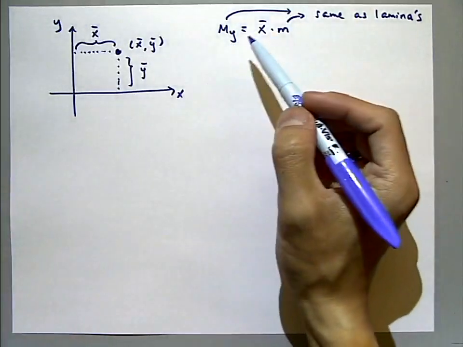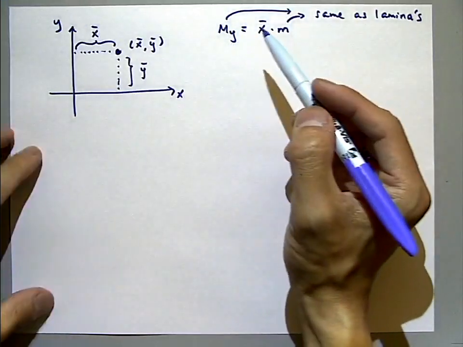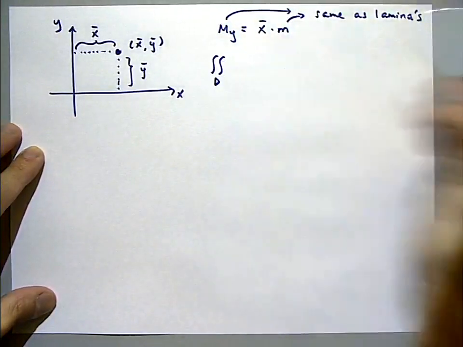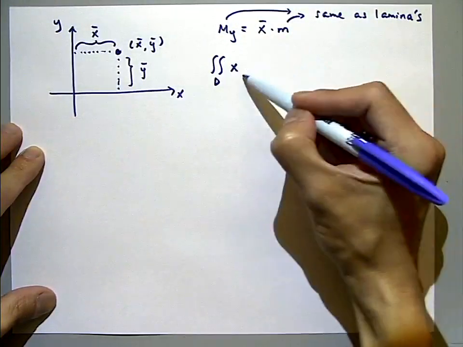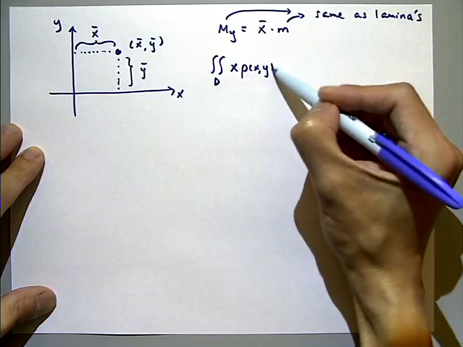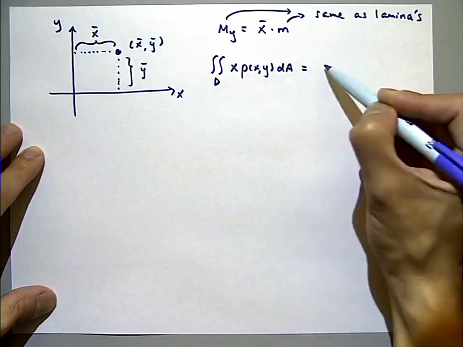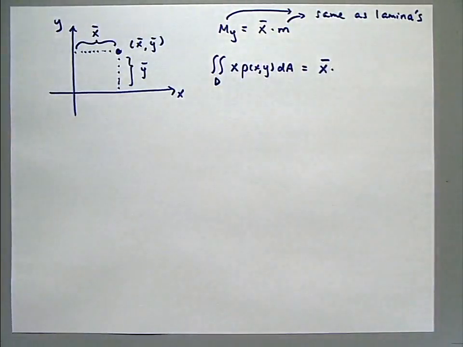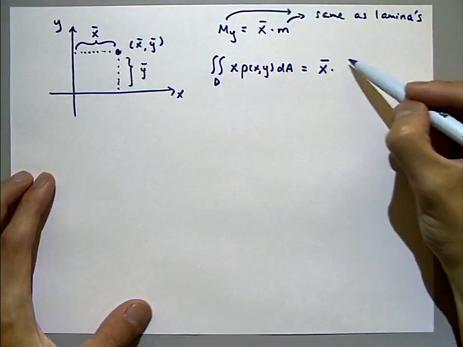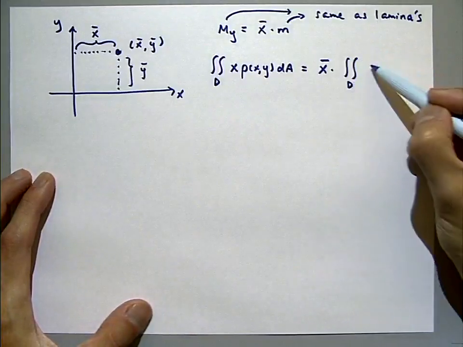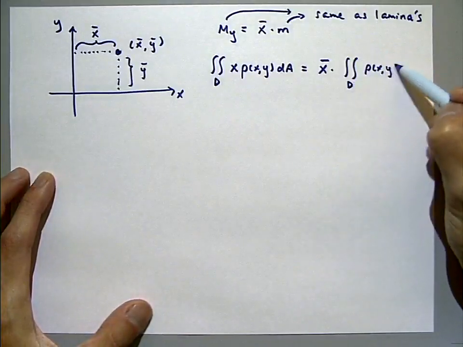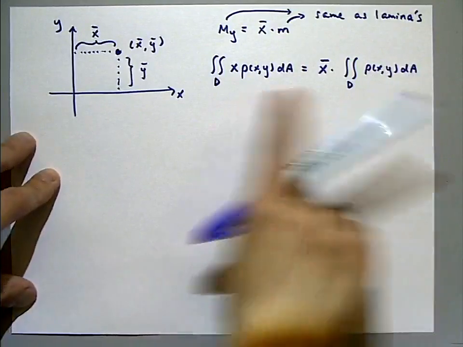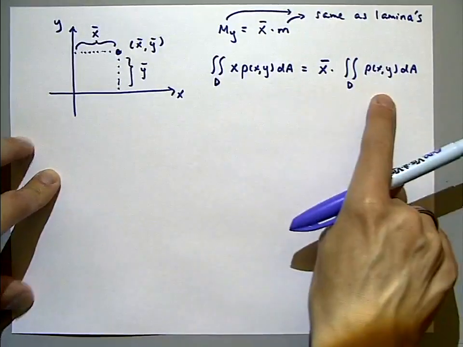So if you take the equation for My from the previous page, replace that here, and you take the same mass from two pages ago, okay, these things we derived on the last page and the previous page.